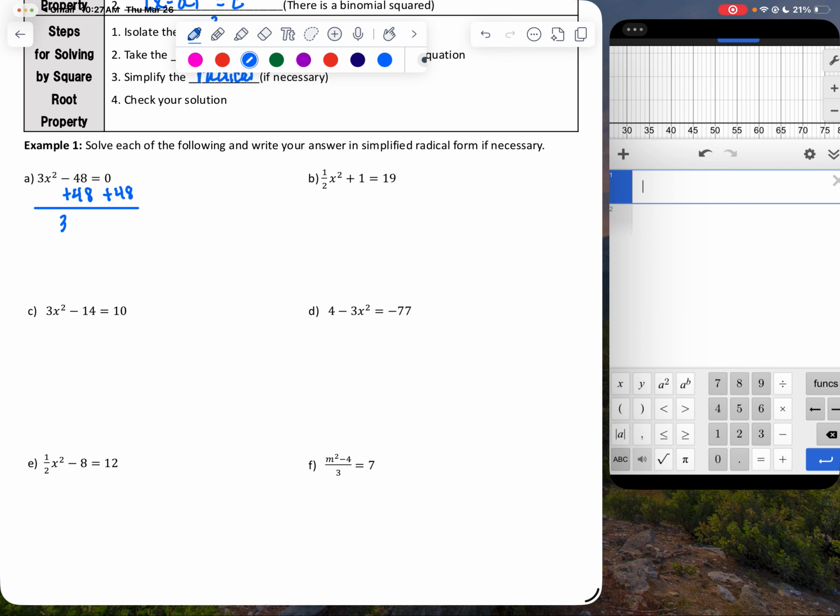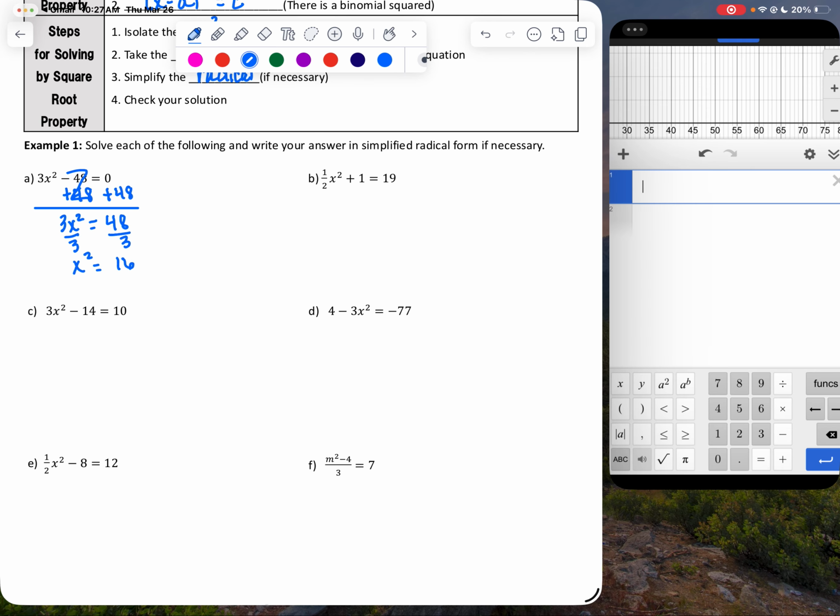So 3x squared, negative 48 and positive 48 would zero out. 0 plus 48 is 48. Now divide both sides by 3, and that would give us x squared equals 16. So that's step 1. Isolate the x squared on one side and the constant term on the other.